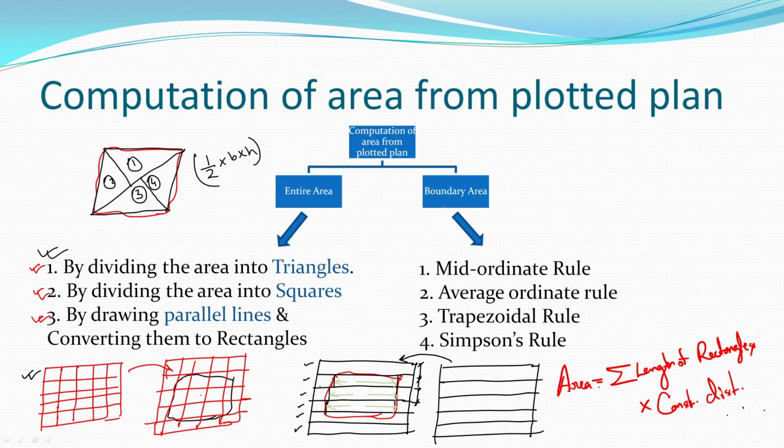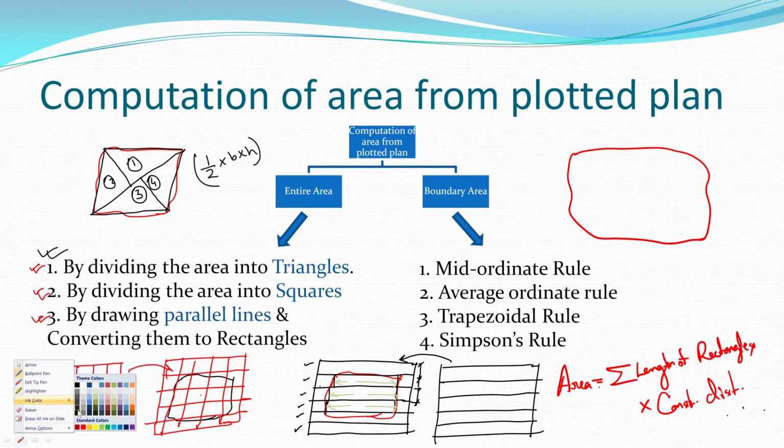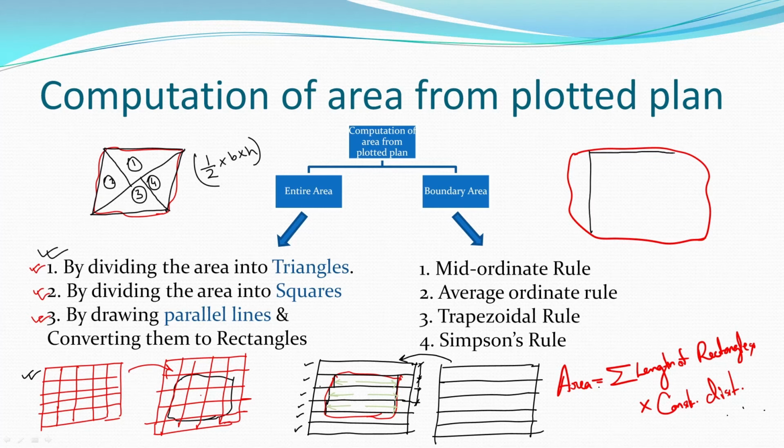Now if we consider the boundary area, that means if we have a shape something like this, we will make a rectangle which is completely inside, determine the area of the inside portion totally, and then determine the extra portion for each side by using some methods.